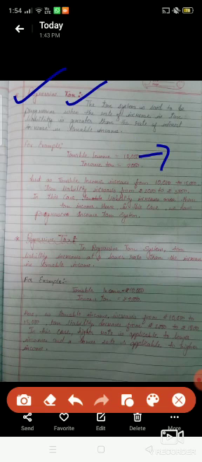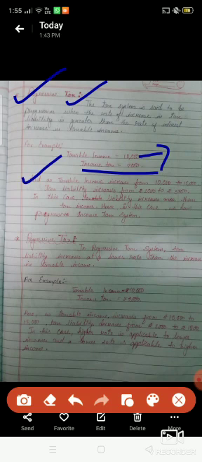It means that the more the income increases, the more the tax increases. So as the taxable income increases from 10,000 to 15,000, tax liability increases from 2,000 to 3,750.